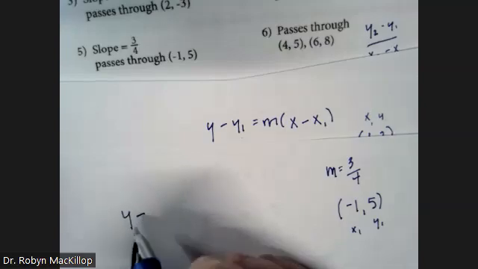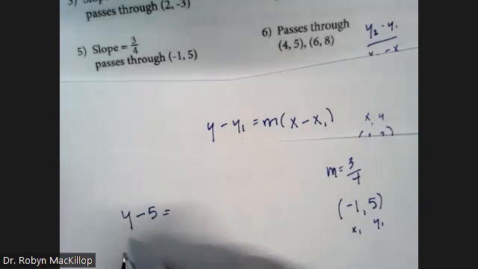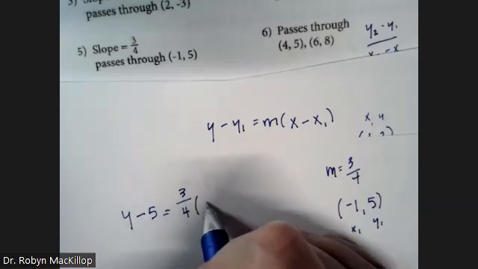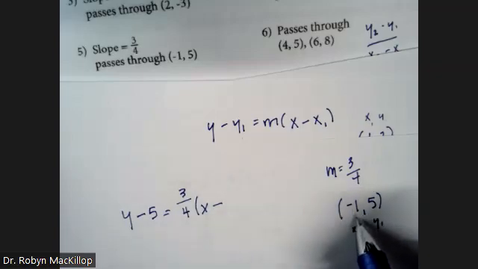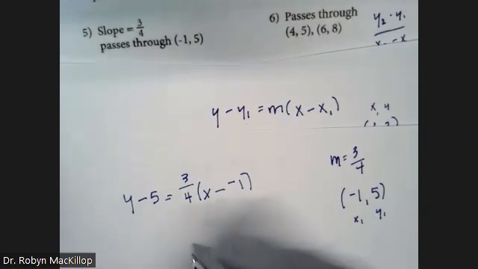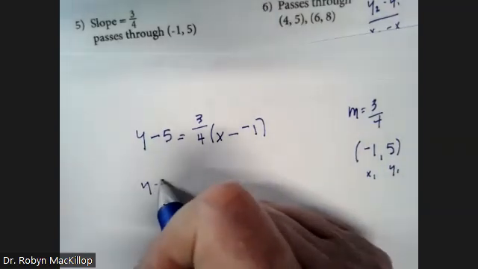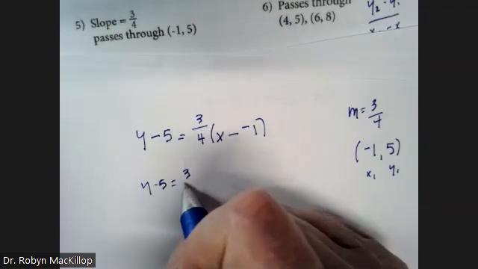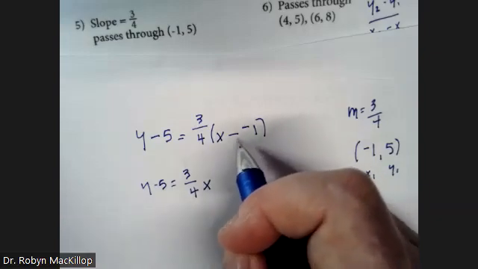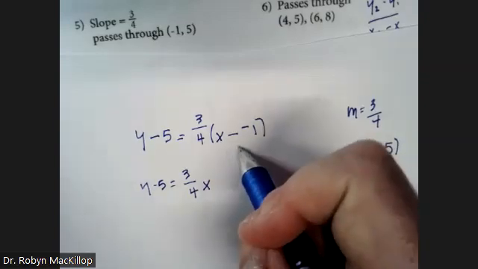So y minus 5 equals, slope is 3 over 4, times x minus -1. And then we're just going to simplify it a bit. We've got y minus 5 equals 3/4 times x. What happens here? Two negatives in a row. Is it positive? Yes, it turns into a plus sign.